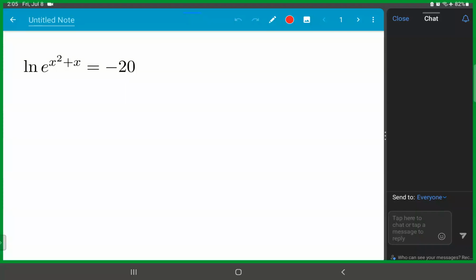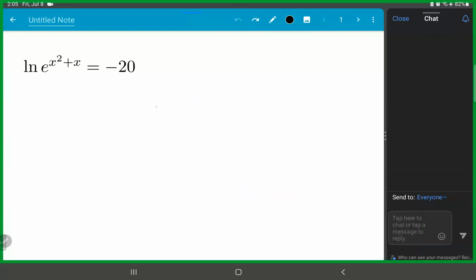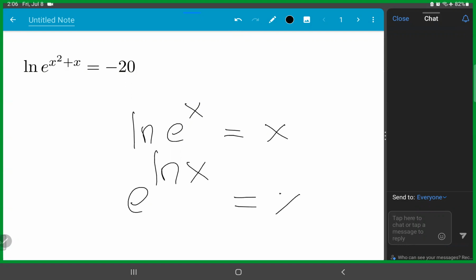but this may serve as a continuation of those exercises. So here, you'll need to apply the fact that ln e to the x, let me write it down, ln e to the x equals x. And in the next one, e to the ln of x equals x.